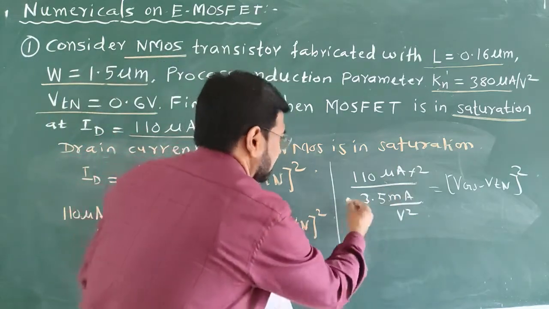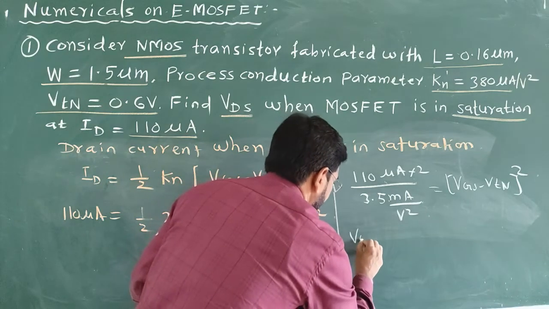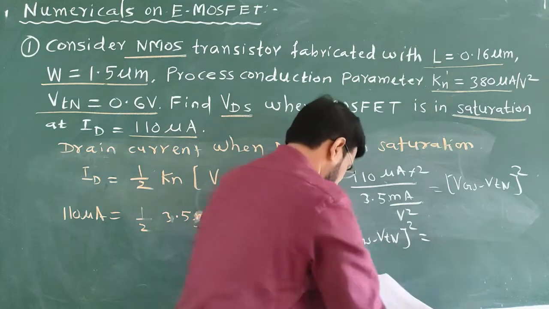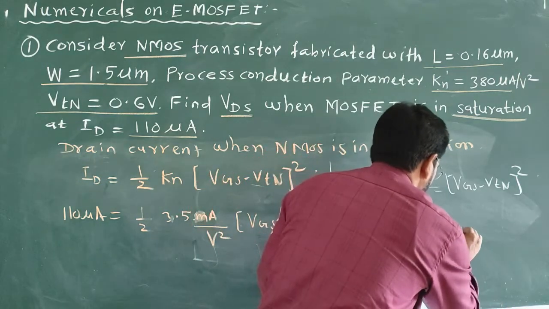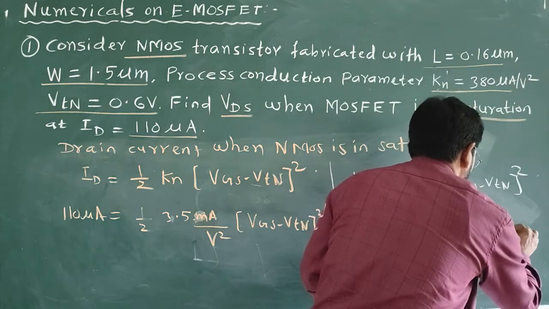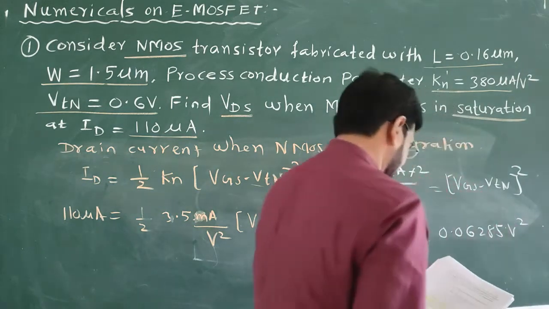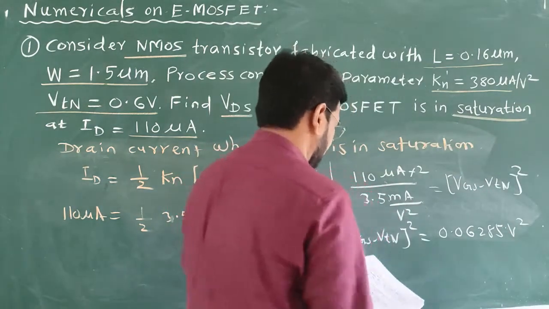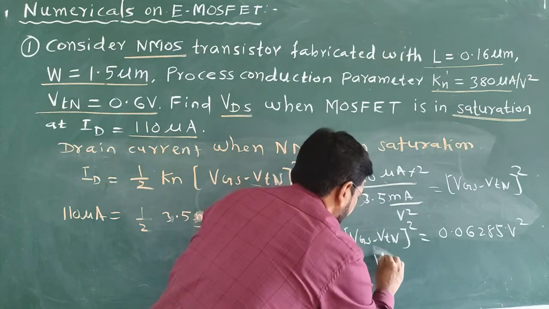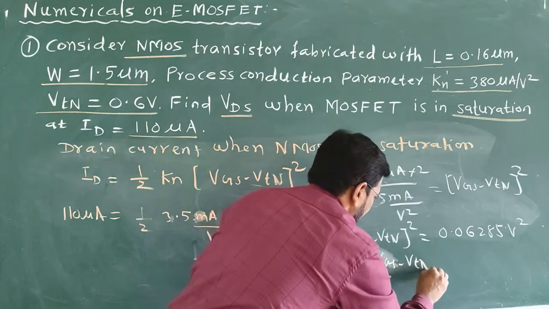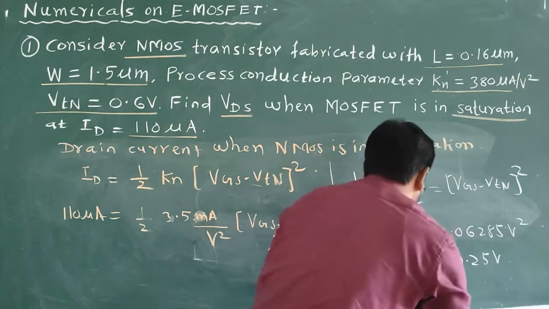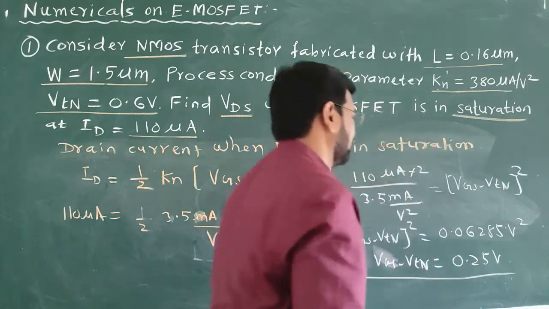If you use a calculator, you will get (Vgs minus Vtn) whole square equal to 0.06285. If we take the square root, we get Vgs minus Vtn equal to 0.25 volt. So this is the overdrive voltage.